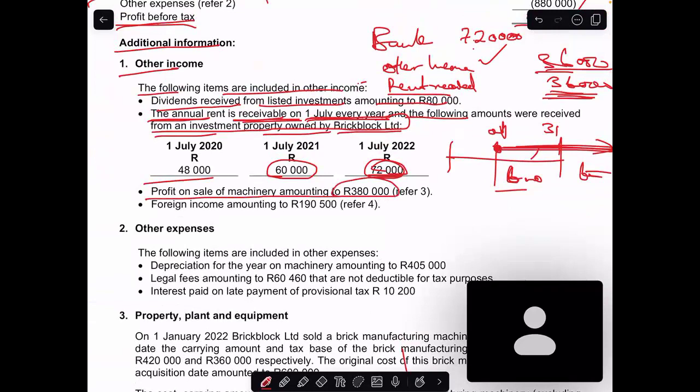Then profit on sale of machinery amounting to 380,000. What did we say about this one? If the selling price is greater than the cost, then we have to take out 20% of the selling price minus cost.